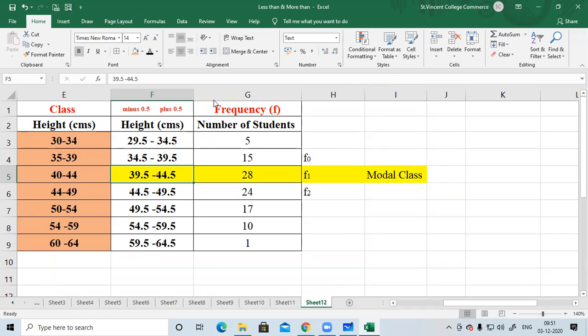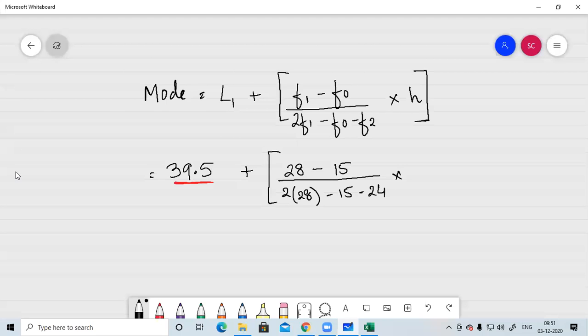So the best and the safest option is to take any two numbers vertically: 40 minus 35, 54 minus 49, and so on. So your class interval, or the H, or the height of a class, is 5. Is this understood? Yes, sir.